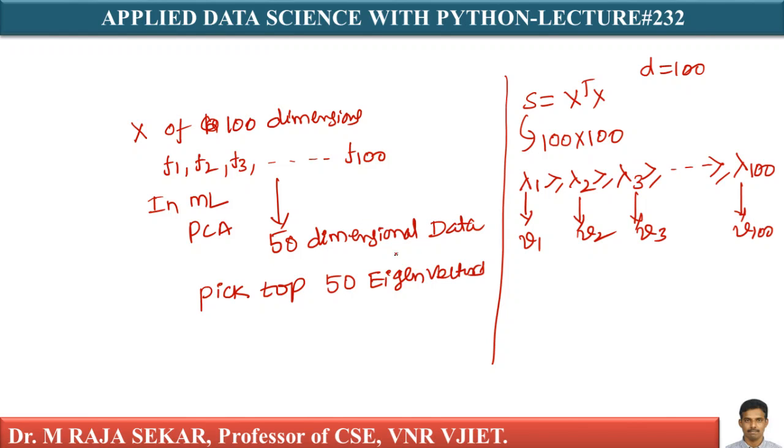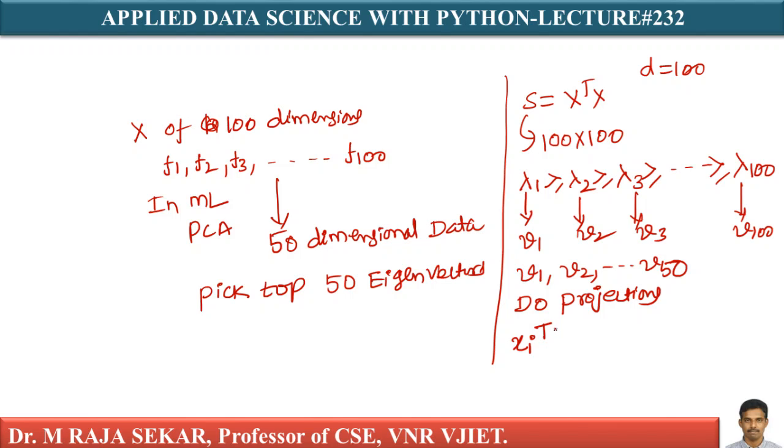I will take the top 50 eigenvectors. Which ones? V1, V2, and so on, up to V50. These are the top 50 eigenvectors, and I simply do projections. Given any point, xi transpose is my original data.